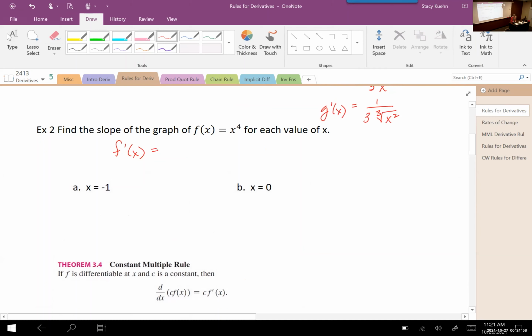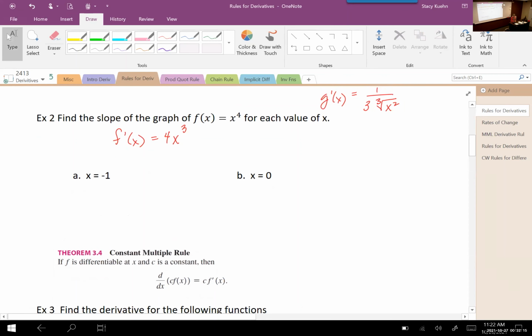Bring our 4 down. We have 4x to the what? 4x to the 3rd power. That's the function for the slope, right? Of any point on that graph. And we want to know what is that value when x is equal to -1. So evaluate the derivative at -1.